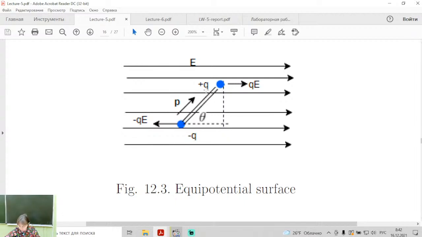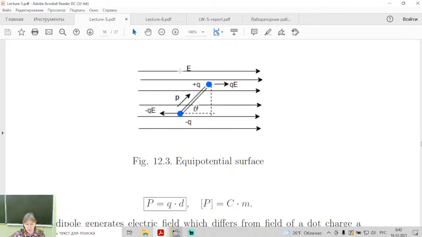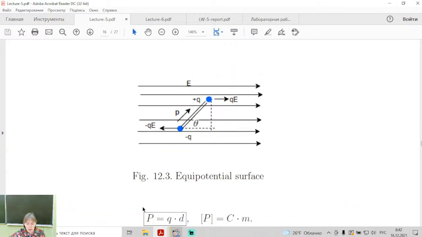And the electric moment is p, and we can write down these values. P is equal to q product with d, where d is the distance between these charges. The dipole generates an electric field which differs from the field of point charges in the direction of the force lines. They begin on the positive charges and finish on the negative charges.